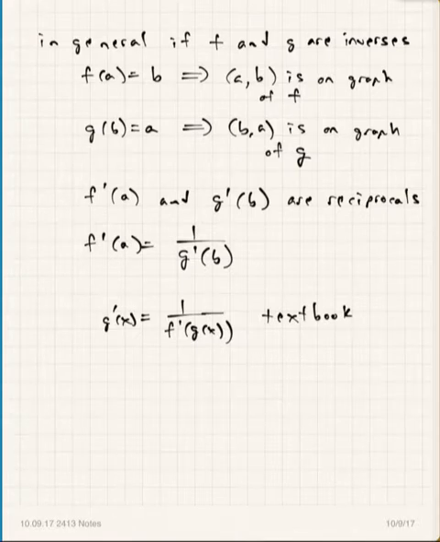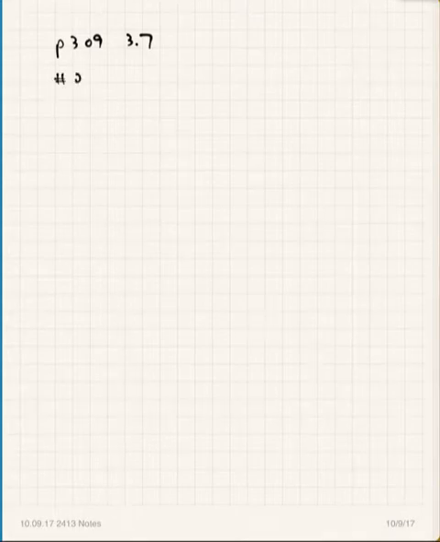So we're going to be on page 309. We're going to look at an example or two to talk about this. I'm not going to make a huge big deal about this, but I would like you to know the basics behind it. So this is on page 309 of your book, section 3.7, and we're looking at problem number 264.